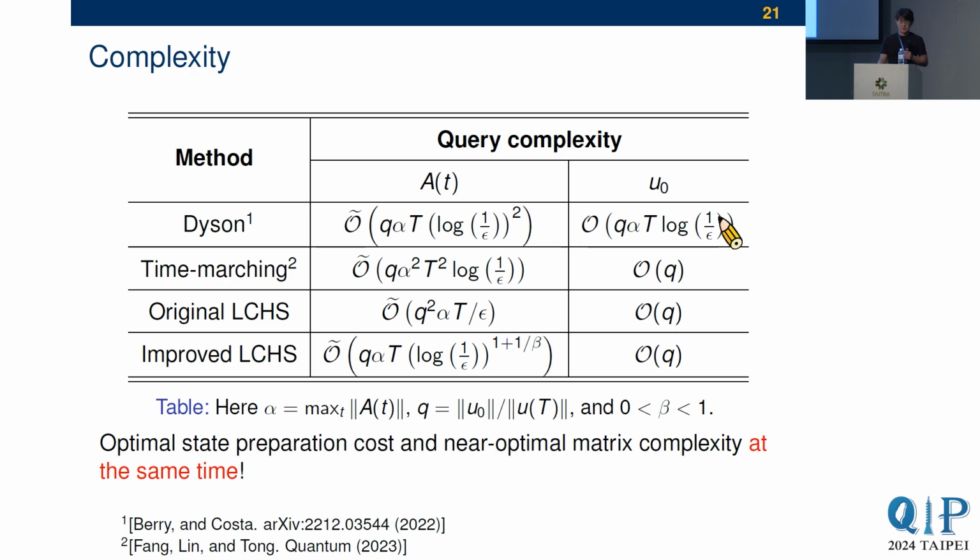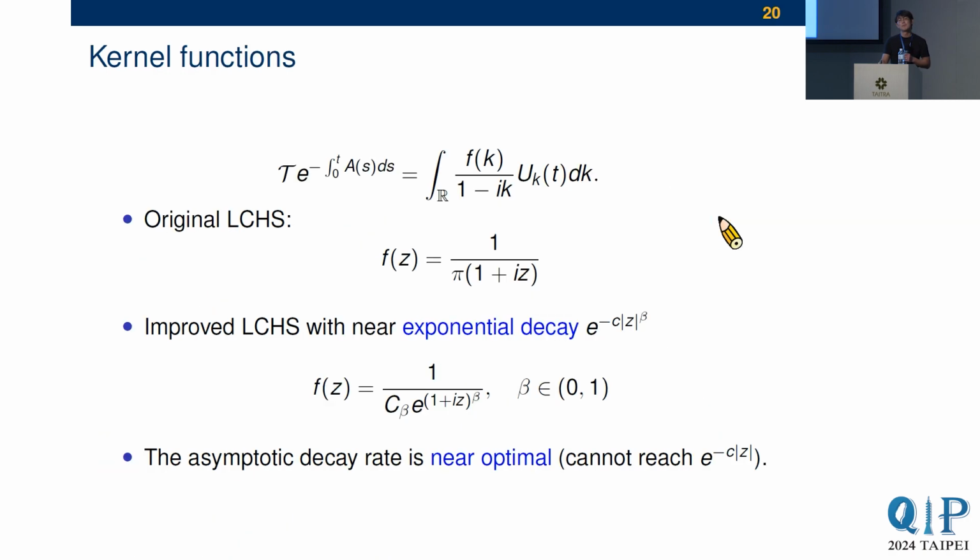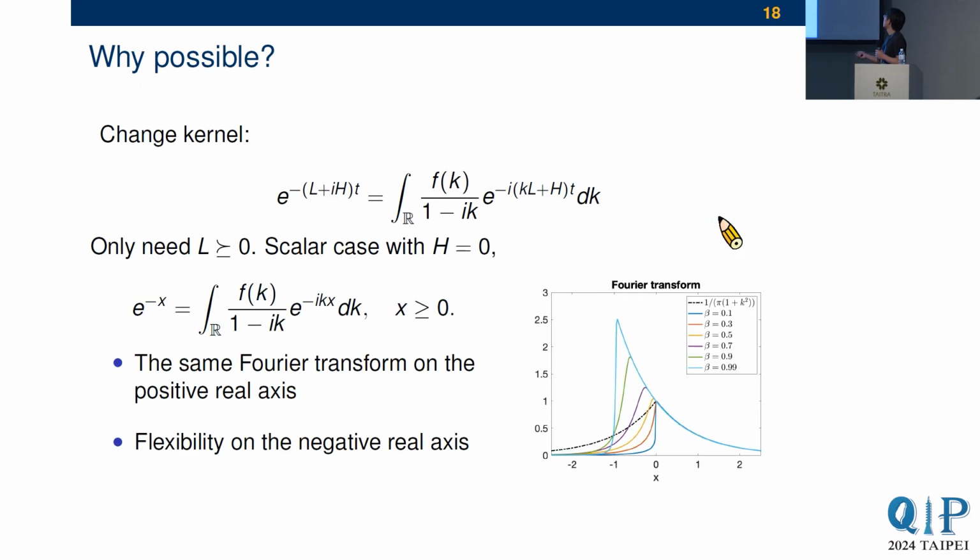Any further questions? Yes. Where do we need the condition that L is positive semi-definite? Great question. It's here. Just think of the scalar case, where A is x plus iy.